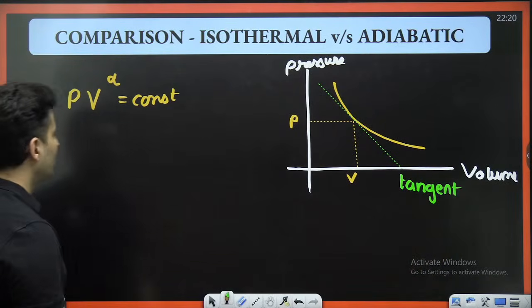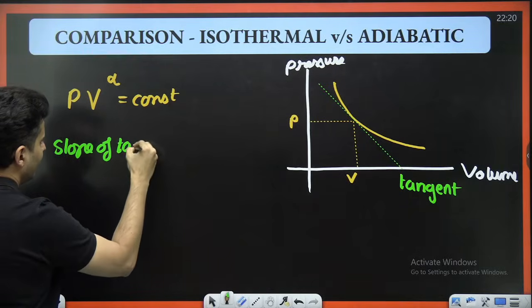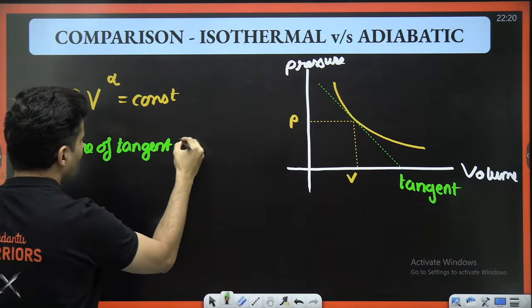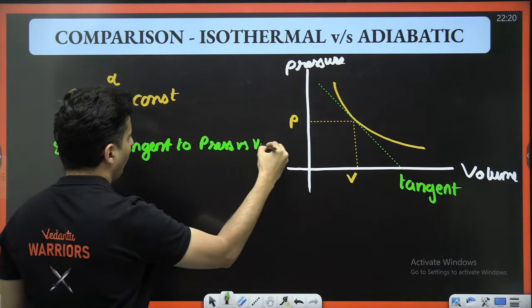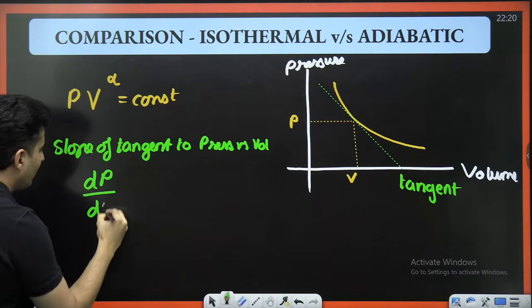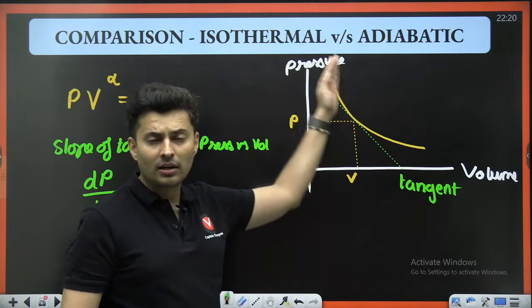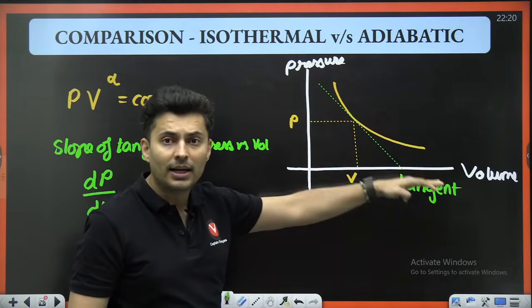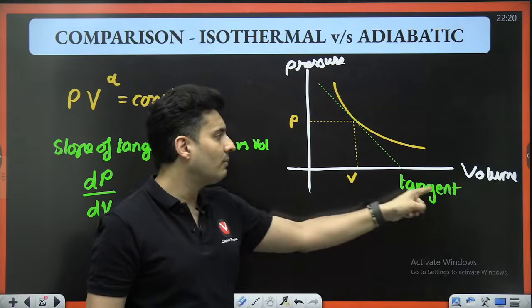So the slope of the tangent to the pressure versus volume graph is dp by dv. If this was the y-axis and this was the x-axis, the curve's slope would be dy by dx. Correct? Here it is P and V, so it will be dp by dv.